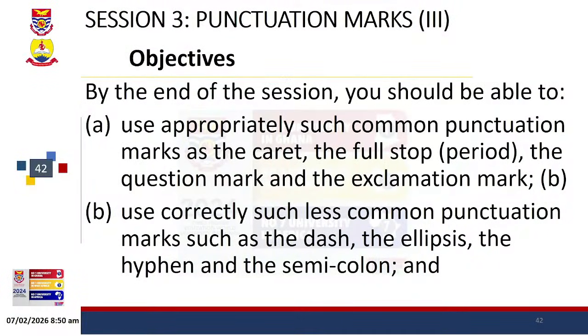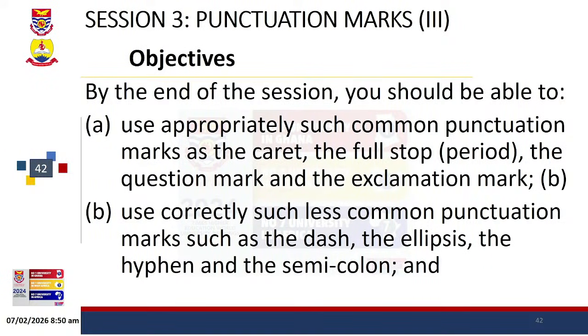Good. So we should be going into the 3rd session where we are going to look at the punctuation marks that are left. Okay? By the end of this session, we expect that you'll be able to use appropriately such common punctuation marks as the caret, the full stop or the period, the question mark, and the exclamation mark.